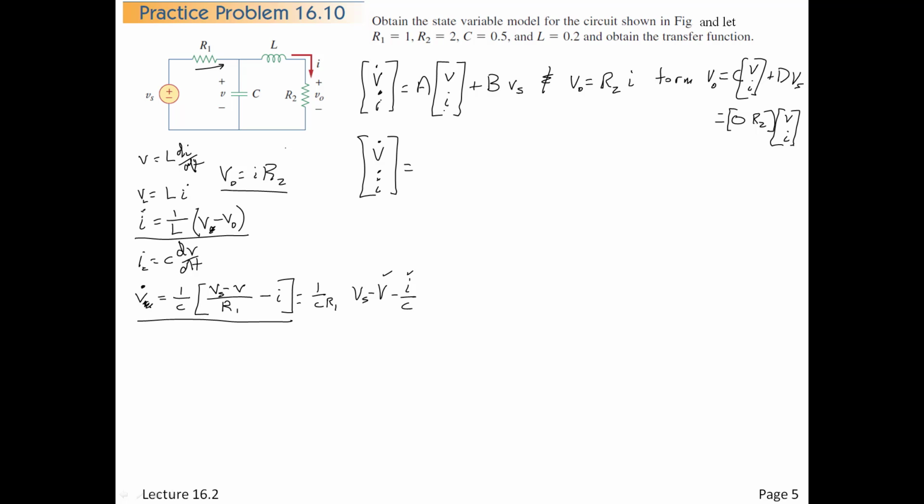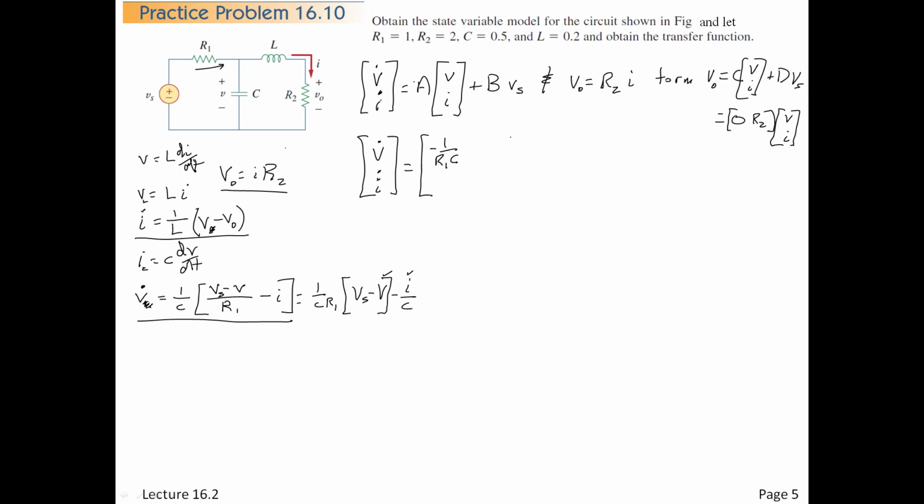So we can go up here and start filling in our A matrix now, right? Oh wait, I got to be careful how I do this. This is 1 over R1C times this, all right? So let's see, our A matrix, I'm going to go up here and just fill it in. So the VS term will leave, that's part of the B matrix. So I'm going to have minus 1 over R1C, right?